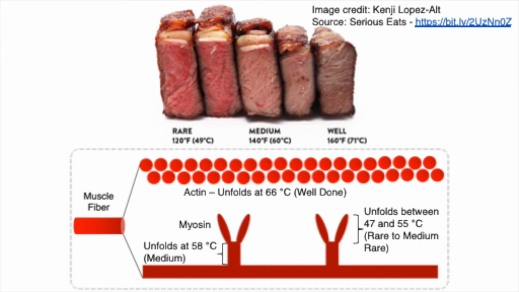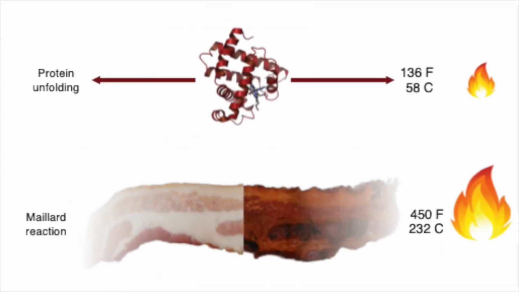If we cook a steak to medium, we've unfolded both the arms and the body of myosin. And if we cook a steak to well done, we have unfolded all of actin and myosin. Everything has unfolded. And so those individual unfolding events are what dictate the textures we get for rare, medium, and well done steaks.